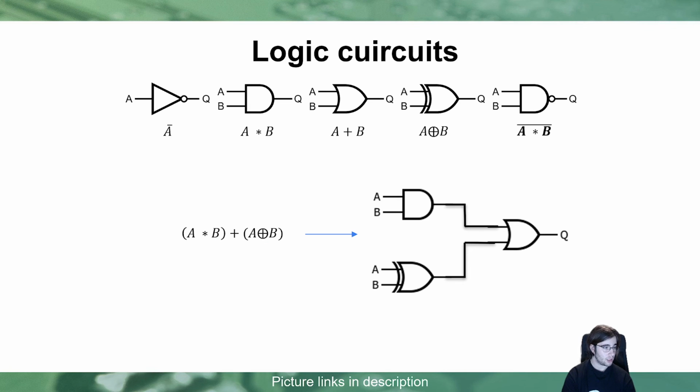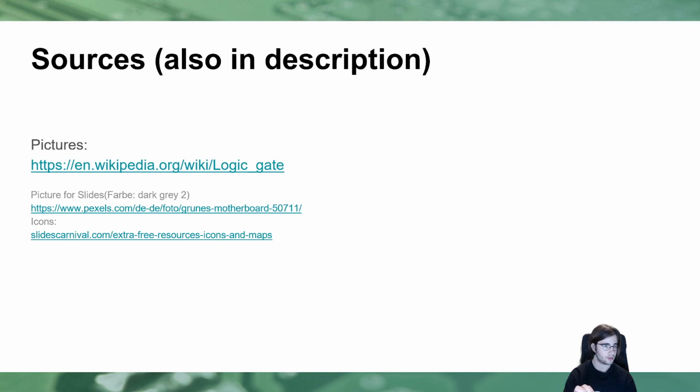Also, you can look up the rules on Wikipedia. They're also written there. And for today, that's already it. There were a few more pictures, but they're all from the Wikipedia logic gate page. If you want to look them up, it's also written about there, but Wikipedia can be quite complex sometimes.